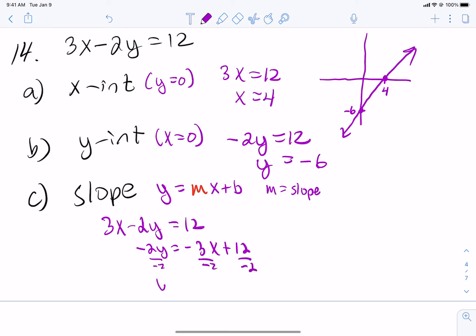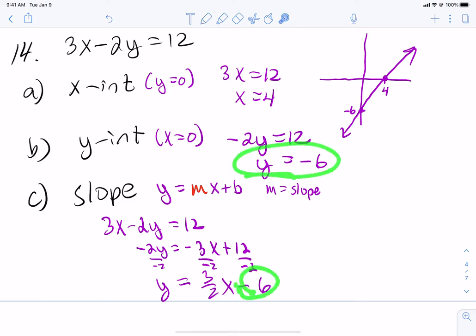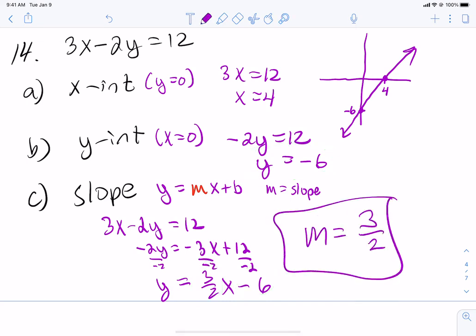And so we get y equals 3 over 2 x minus 6. Now look what happened. We found the y-intercept was negative 6, so it should be a negative 6 there. You should see that repeat happen because that's your b. And we find our slope is 3 over 2. So the slope of this equation is 3 over 2.